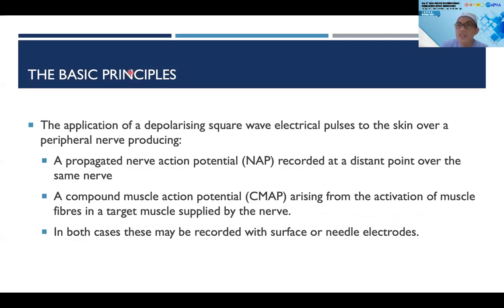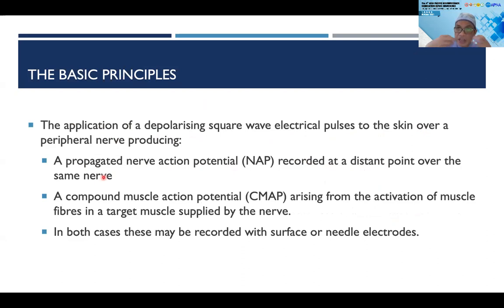The basic principle of electroneuromyography is that the application of a depolarizing square wave electrical pulse to the skin over a peripheral nerve will produce a propagated nerve action potential recorded at a distant point over the same nerve.